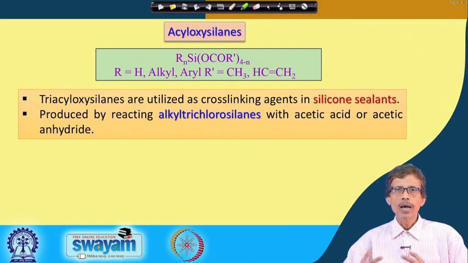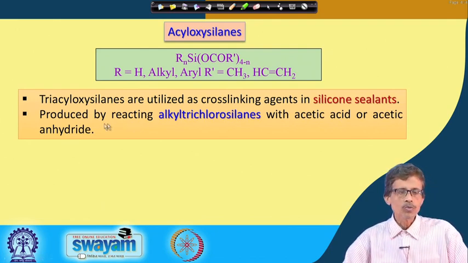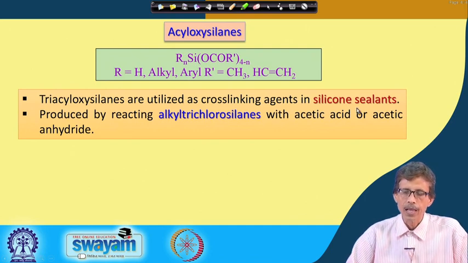That means, whenever you have the 3 groups attached to it and you can modify further, you can get the cross link product, and which will be a 3-dimensional different types of network built upon your silicon as well as the acyloxy function. So, it is utilized as cross linking agents in silicon sealants.